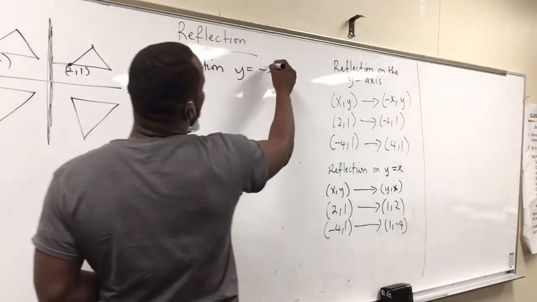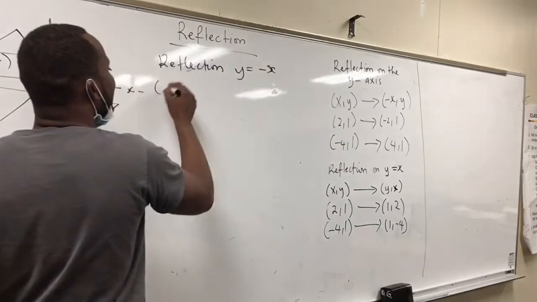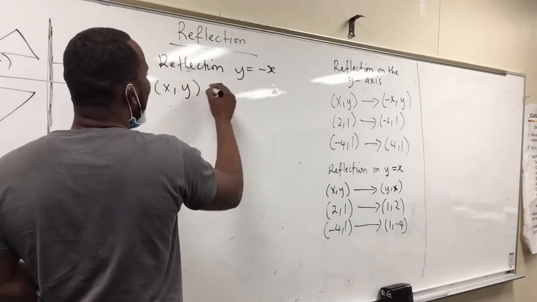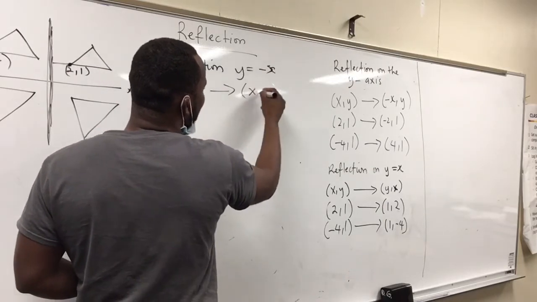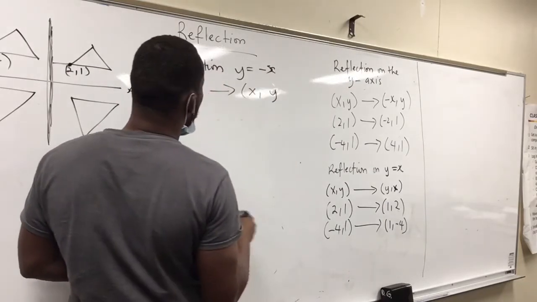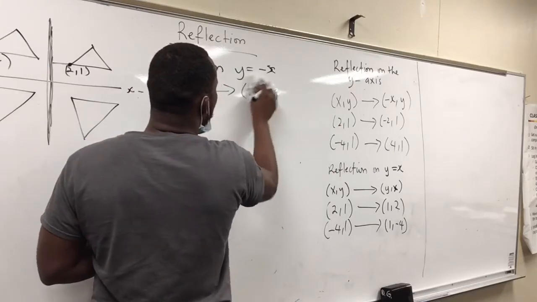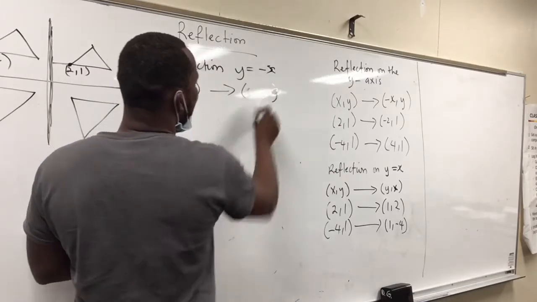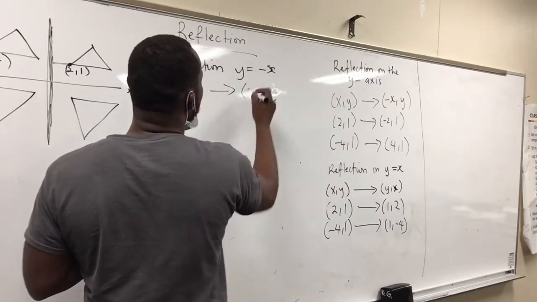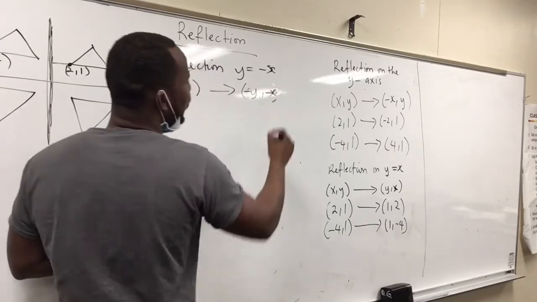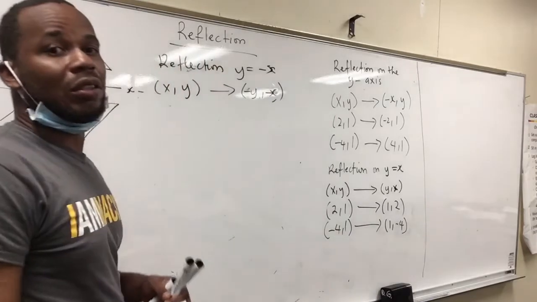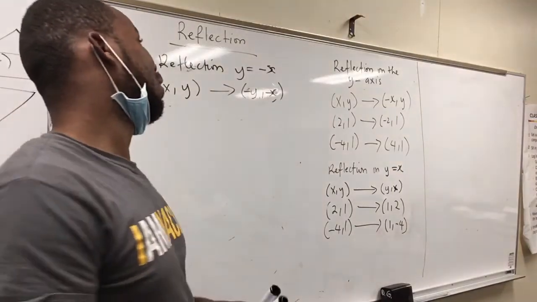Okay, now y is equal to negative x, and what happens? If I have x and y, the rule is first flip all of them. So it becomes y, x, right? If you flip this here, they will change position, then negate all of them. That's the reflection when y is equal to negative x.